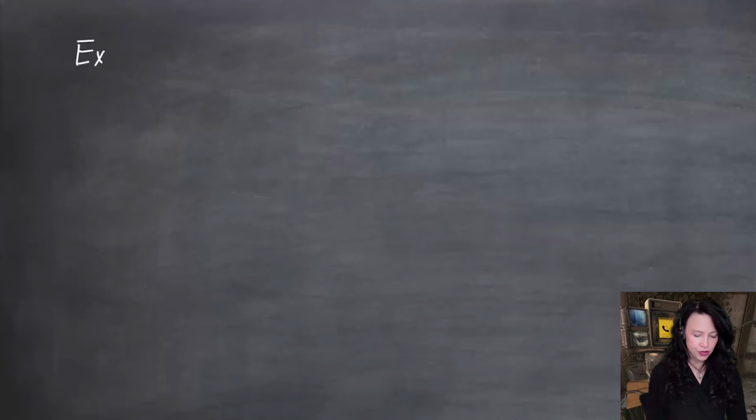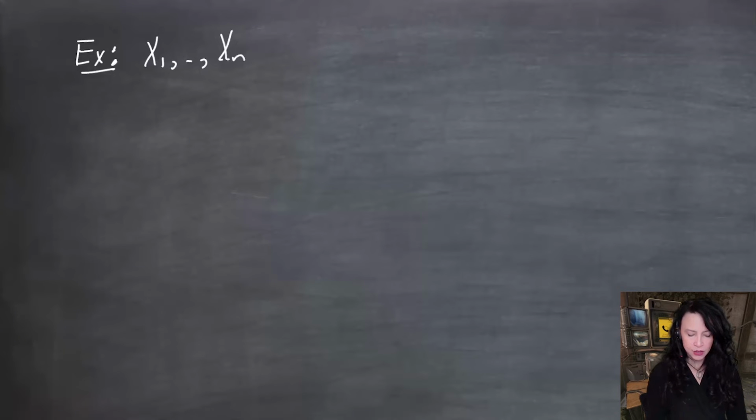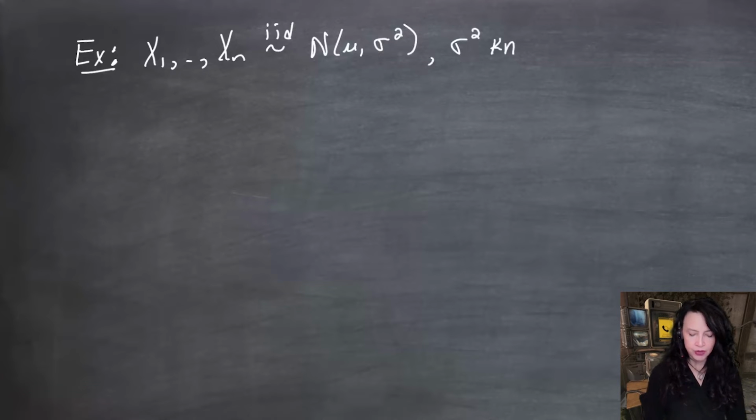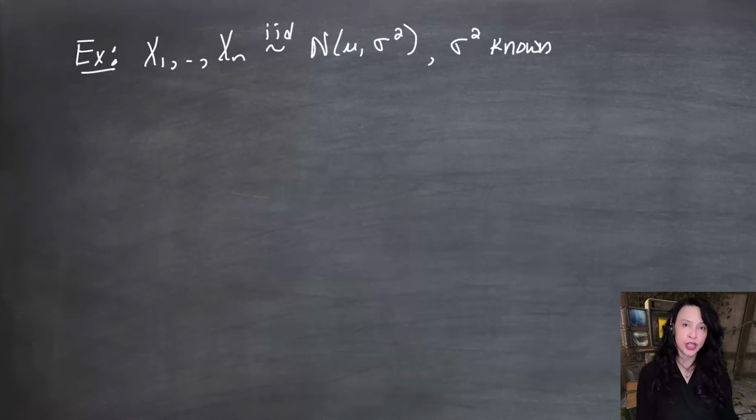To pull this all together a little more generally, let's get away from the 95%. So suppose we have x1 through xn, IID, normal, mu, sigma squared, and suppose that sigma squared is known. I promise you we're going to get rid of that assumption soon. If we don't want a 95% confidence interval, but a more general percentage, you might think of saying a p% confidence interval or an alpha% confidence interval.